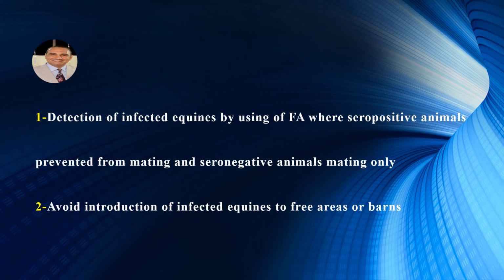Detection of infected equines using the fluorescent antibody technique, where seropositive animals are prevented from mating and seronegative animals mate only. Avoid introduction of infected equines to free areas or barns.